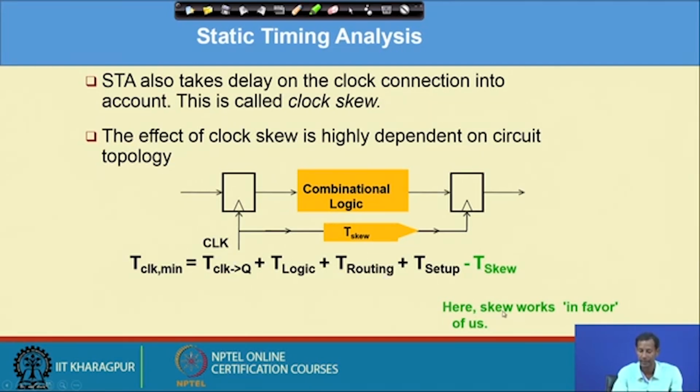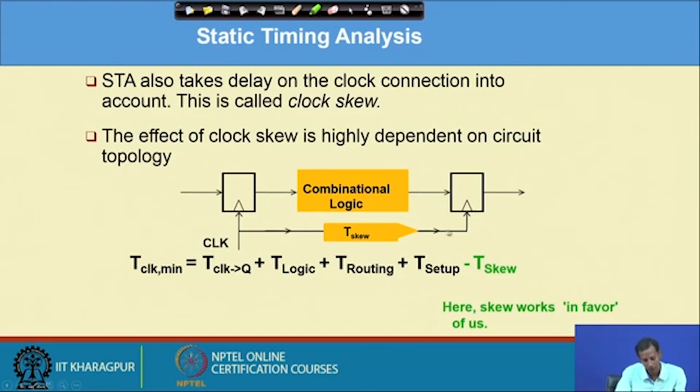Because here the skew works in favor of the circuit. The clock is traversing in this direction, and the data is also flowing in this direction. So, it is in our favor.